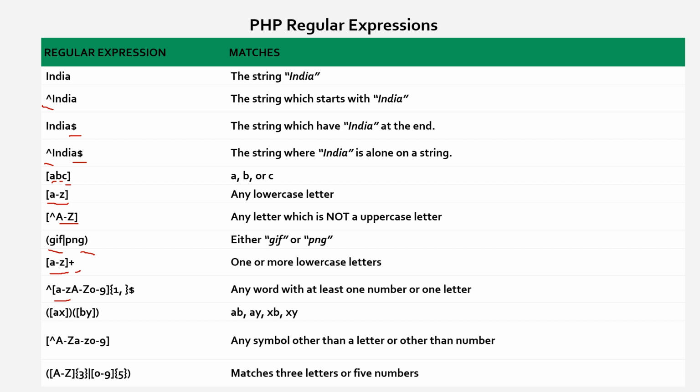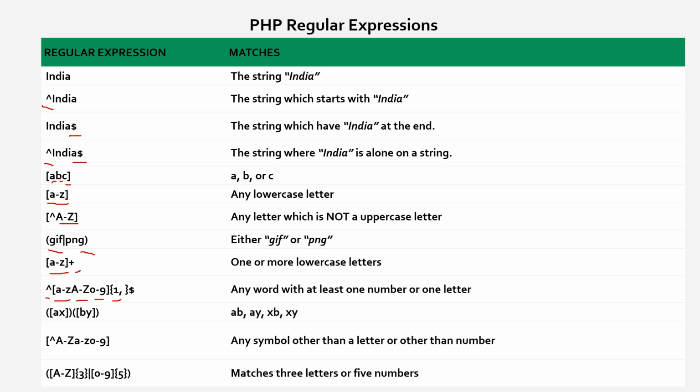The caret refers to the beginning, then a to z small letters, capital letters, and 0 to 9 numbers should be there. But here it is specified at least one. That is the meaning: any word with at least one letter, small or capital, or number, at least one.